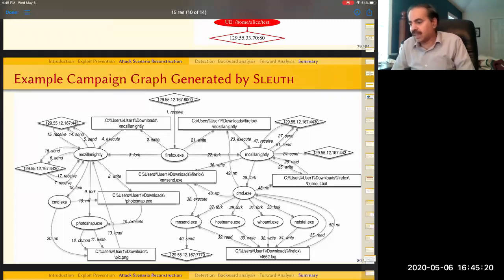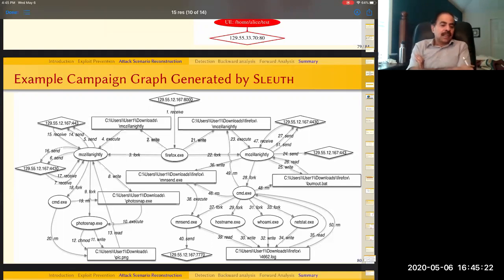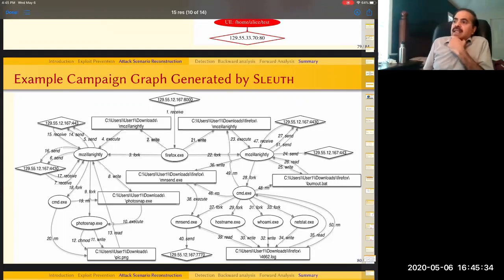One of the things DARPA does is that, in addition to asking people to carry out research, they give them the tools for evaluation. In this case, they commissioned a red team to carry out a large number of attacks, and the goal for us is to look at the data that comes from these attacks.